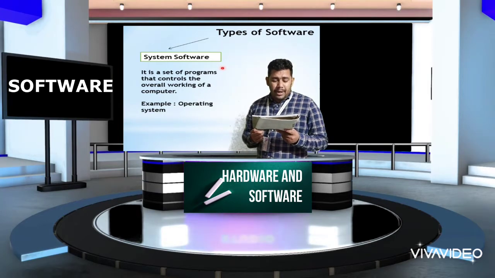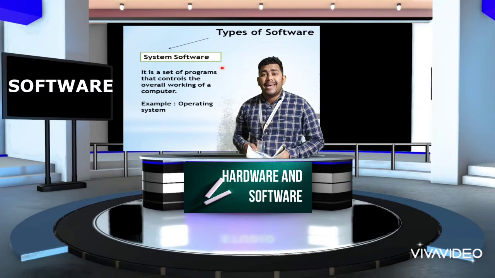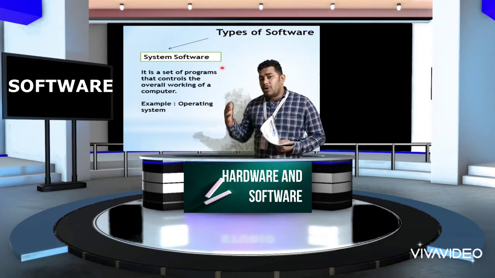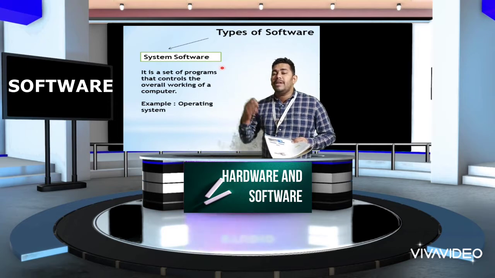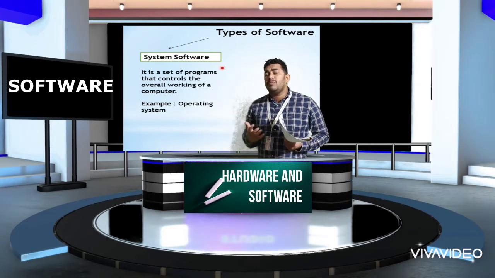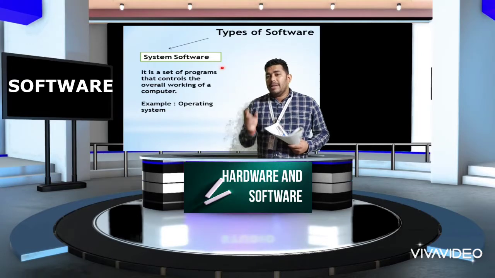The operating system is the most important system software. It is the first software loaded into the computer memory. You will come to know more about system software in your higher classes, and even in the next chapter.